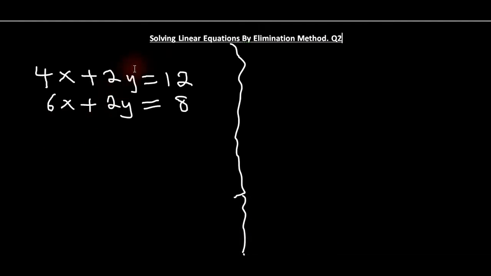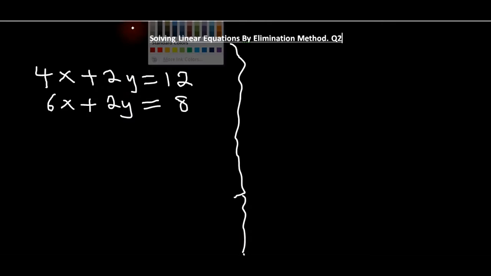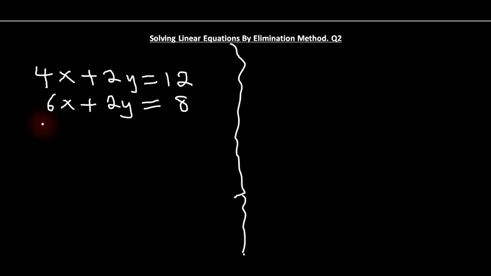Looking at this equation, we are going to realize that the coefficients of the variable y in these two equations are the same, but the signs are also the same. In cases like this, we cannot solve by simply adding the two equations together.